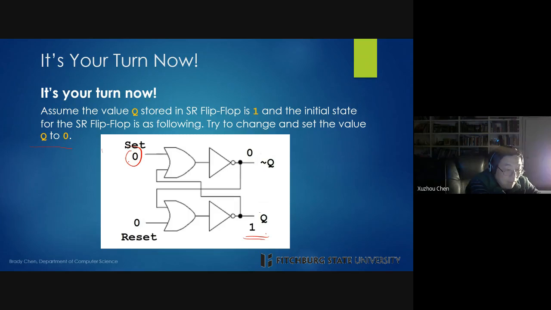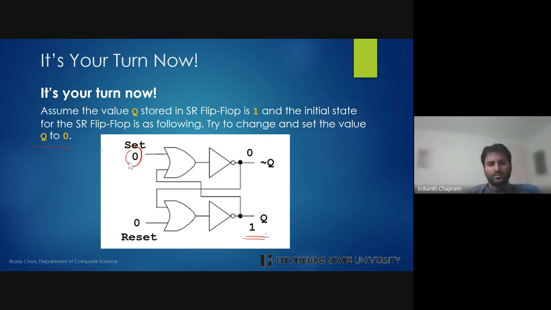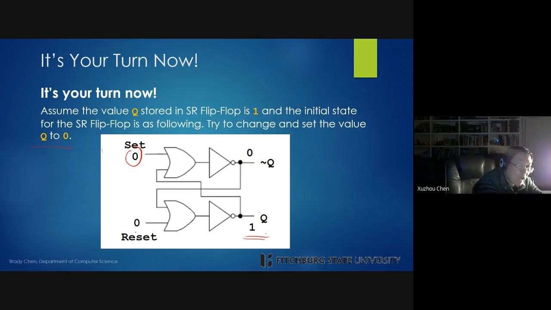But what about if I want to store a 0? We need to make reset 1. Then you can do the opposite. You can change this value to 1. Suppose that currently I store 1.